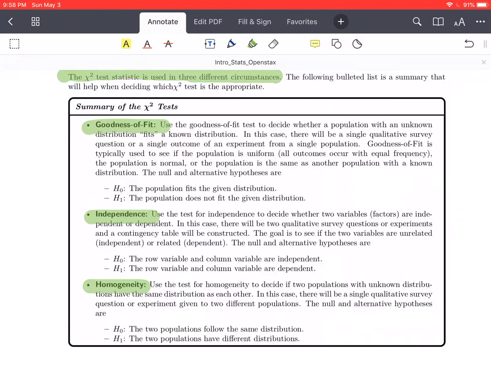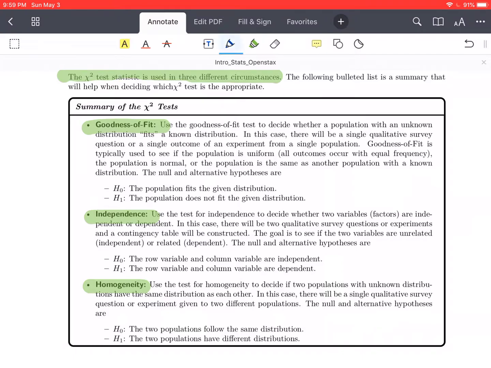So goodness of fit we saw last time, to decide whether a population fits an unknown distribution, if our current distribution fits another one. The independence test we saw last time, to determine if 2 values, or 2 factors, are independent or dependent. And then for the homogeneity test, decide if 2 populations have the same distribution as each other or not, if they're different.